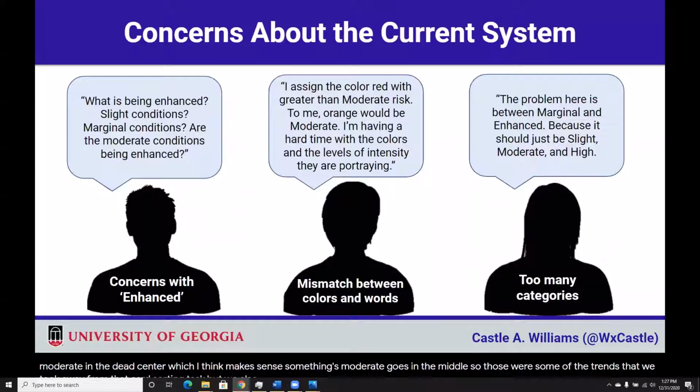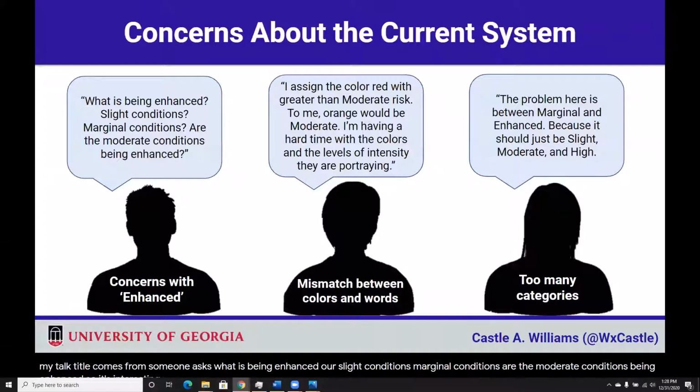But we also were able to sit down with people and really ask them what they thought about the current system. And these were three of the biggest themes that arose. The first was with the word enhanced, and this is kind of where my talk title comes from. Someone asks, what is being enhanced? Are slight conditions, marginal conditions? Are the moderate conditions being enhanced?